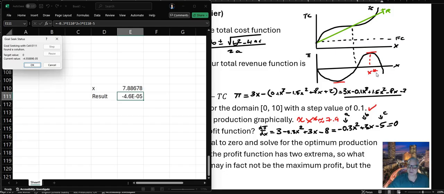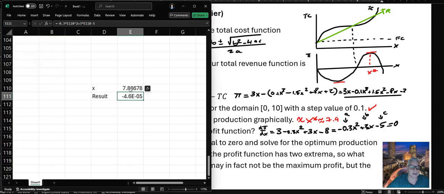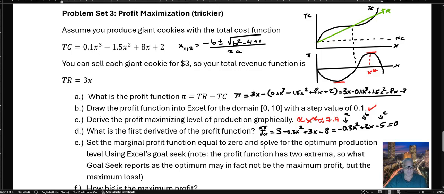And then you see, because we force Excel to start from the right, the first value that it hits is now actually the maximum, which is 7.88, or if we just limit it to decimals, 7.89. Okay, so in this case, the optimum value is around, let's say 7.9.